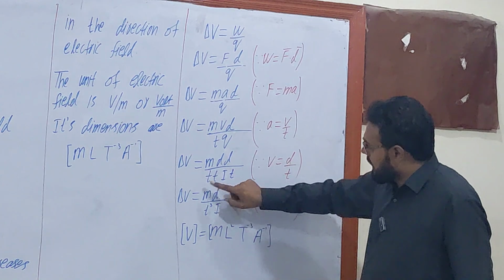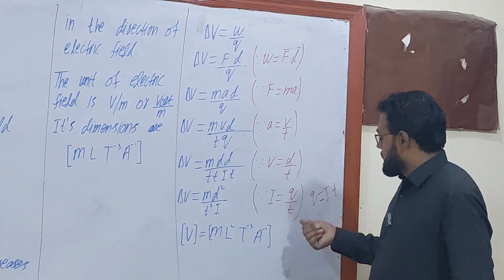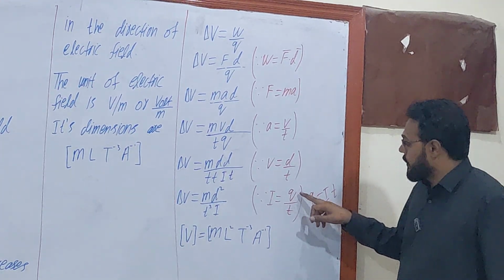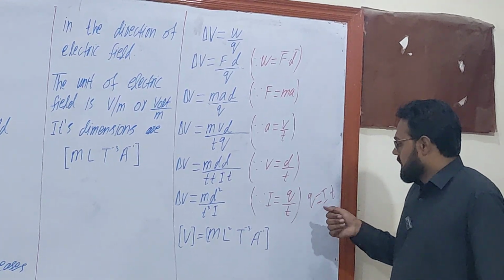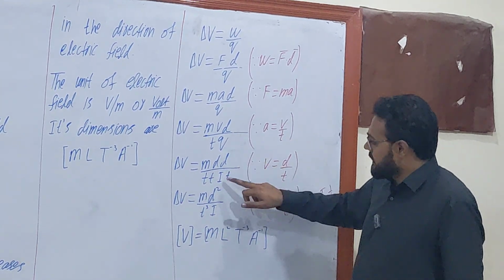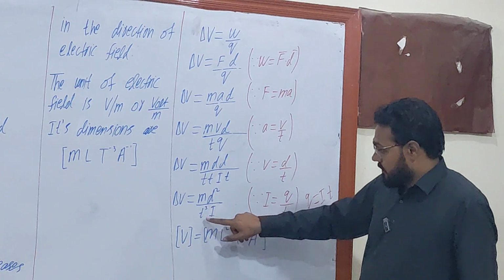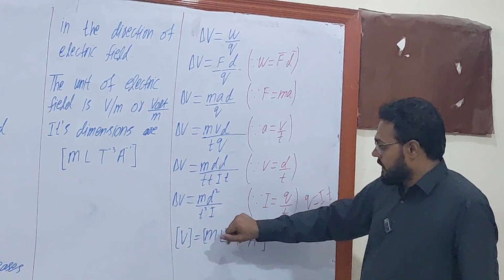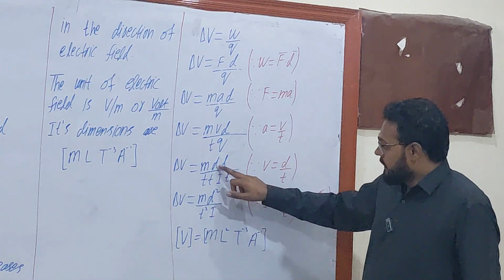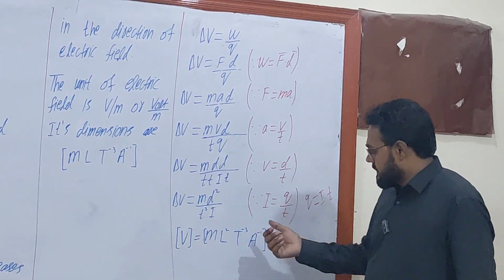M and T are as it is, D as it is, and Q is replaced with I T because current is equal to rate of flow of charge. So T will be multiplied and Q is equal to I T. Here it becomes three T's, a T cube, I is as it is, D is two D's, D squared, M is as it is.